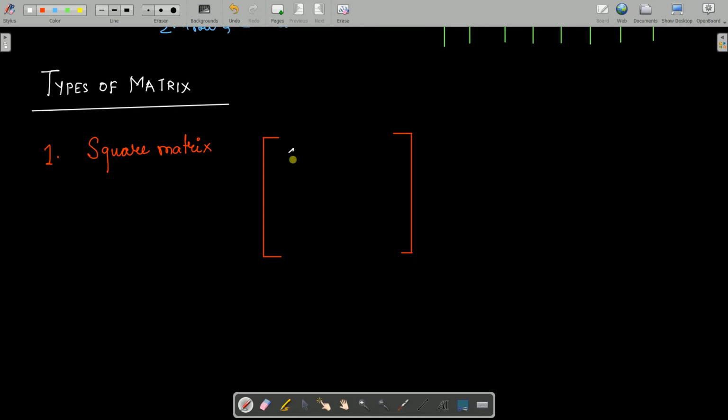So let's say I write 1, 2, 3, 4, 5, 6, 7, 8, 9. How many rows are there? 1, 2, 3. Three rows. How many columns? 1, 2, 3. Three columns. And since this is equal to this, I can say that this is nothing but a square matrix.